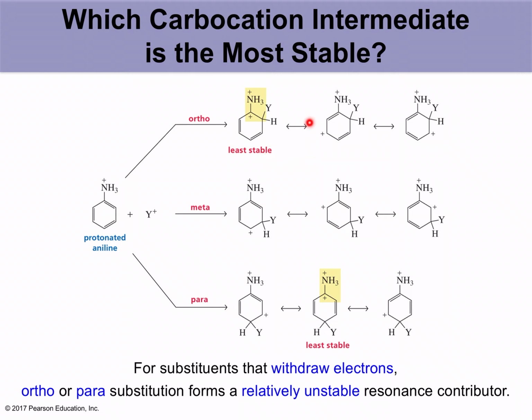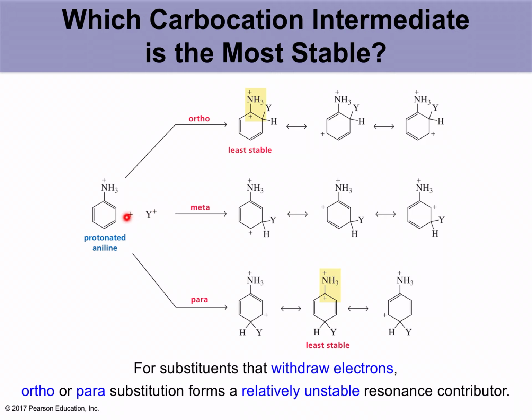Then you can draw another resonance structure having positive charge here and here. That's what happens when the substituent adds on to the ortho position. The same thing happens when the substituent adds on to the para position. You will end up having the positive charge, one here, one right next to the nitrogen, and one there. When it is right next to the nitrogen, 2 adjacent positive charges will make it least stable.